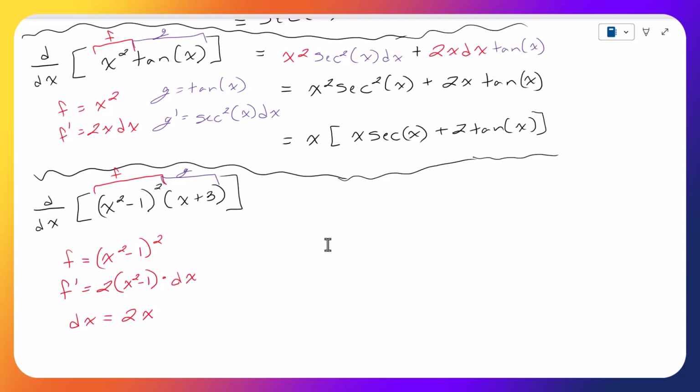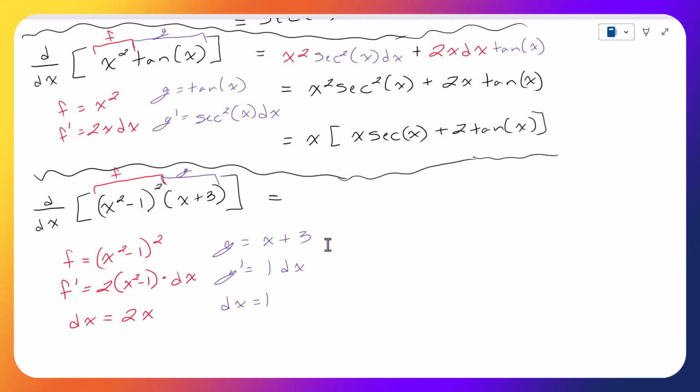And now we'll look at g. G is a normal one again, x plus 3. G prime equals 1 dx. And in this case, this dx is just 1. All right, and start putting stuff in place.